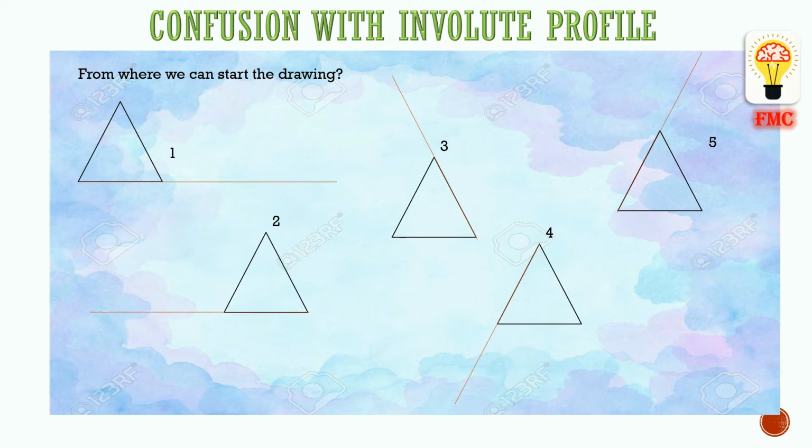These ideas come up even if you are going for a simple configuration like a triangle. After watching this clip, I'm sure you will get a clear-cut idea of where to start, where to finish, and how to make the profile without any difficulties. Okay, now we can go to the slides.